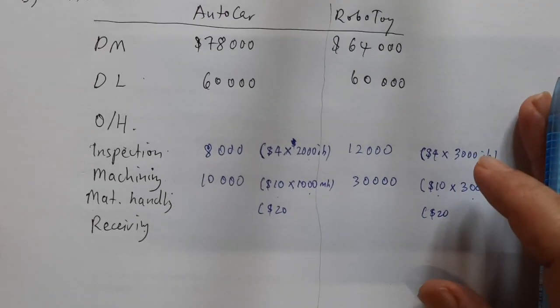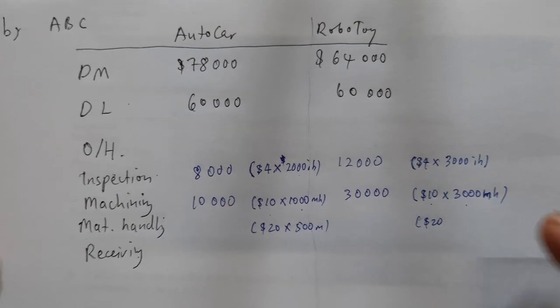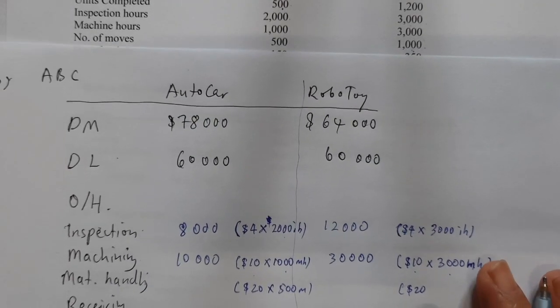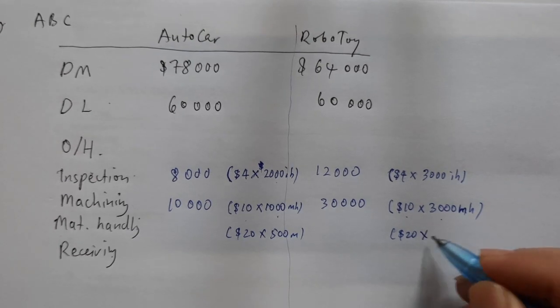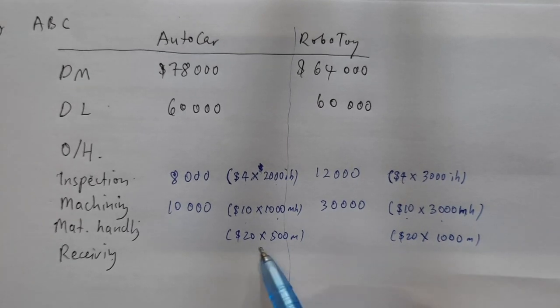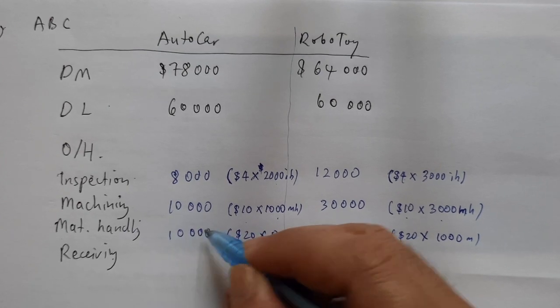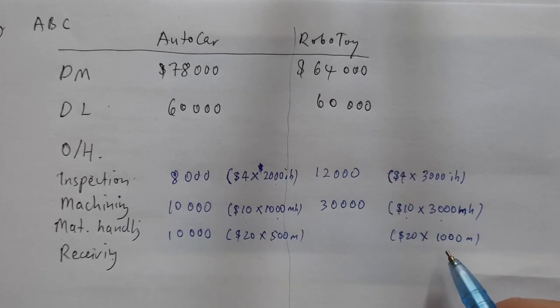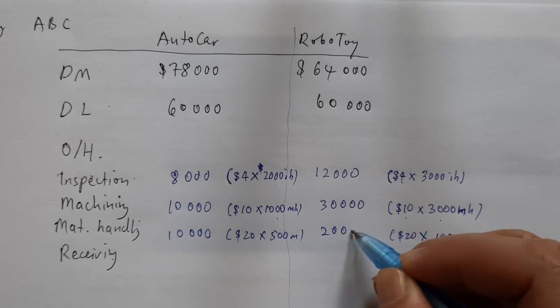So you put it here, times 500 moves and 1000 moves. So how much is the cost? 20 times 500, $10,000 cost. This one 20 times 1,000, the total is 20,000 cost.